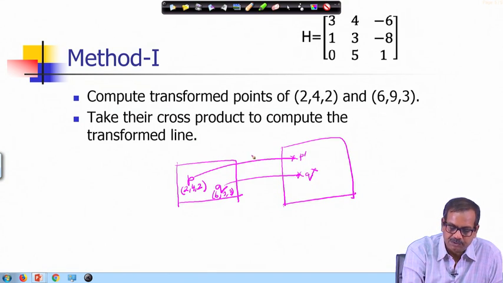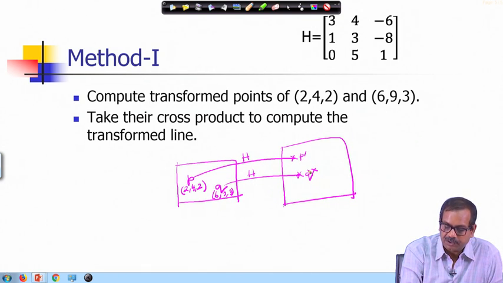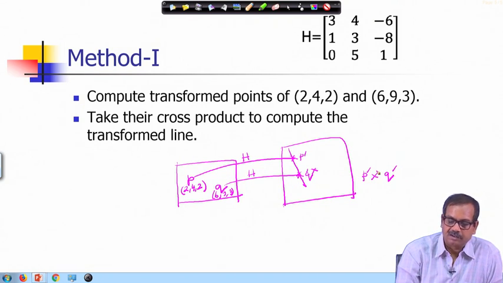So, what you need to do? You have to perform the multiplication of transformation matrix H with P and multiplication of transformation matrix H with Q, then you get this point P prime and Q prime, those are the transformation point. Now, you compute the straight line in the transform space, which means if I perform P prime cross Q prime, I will get the corresponding transformation matrix.